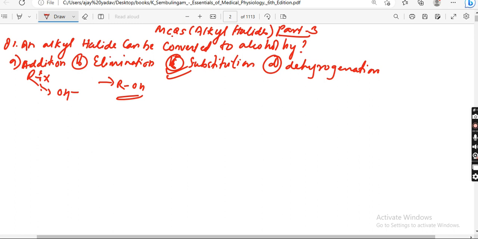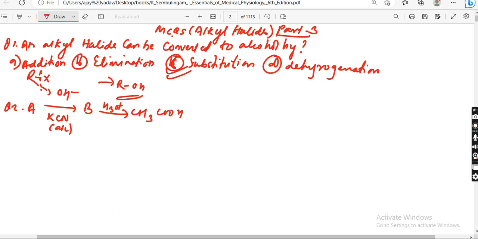Okay, so question number 2 is, given that A, when reacted with alcoholic KCN, gave B, which on hydrolysis produces CH3COOH.